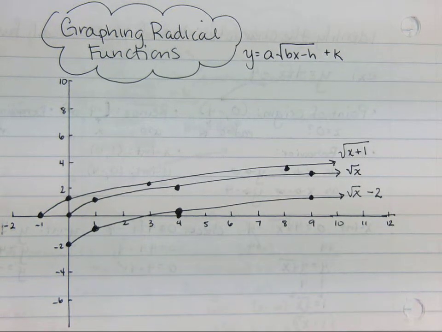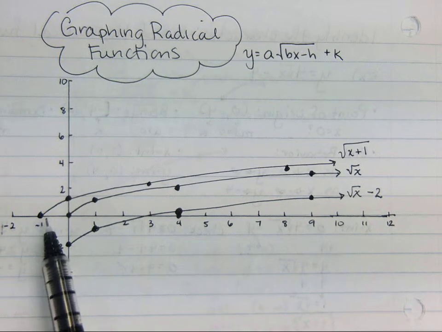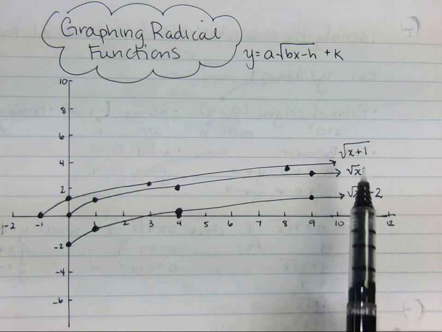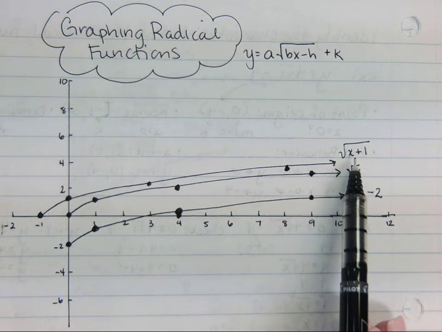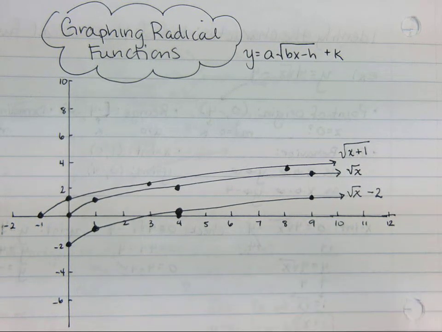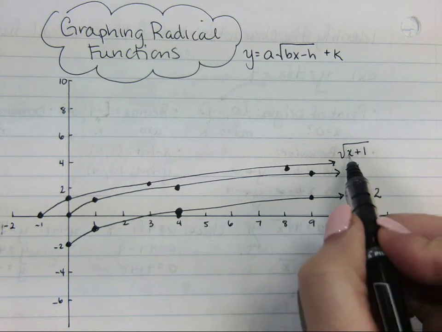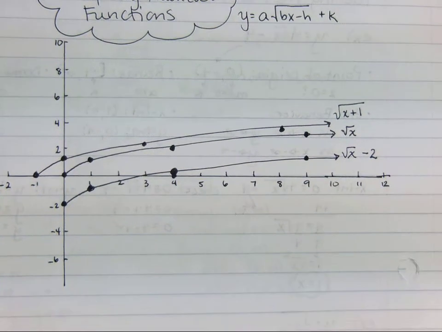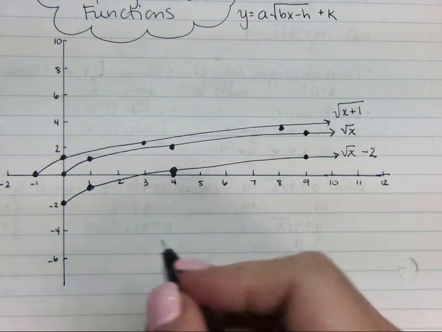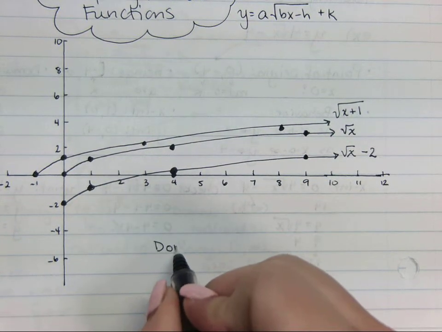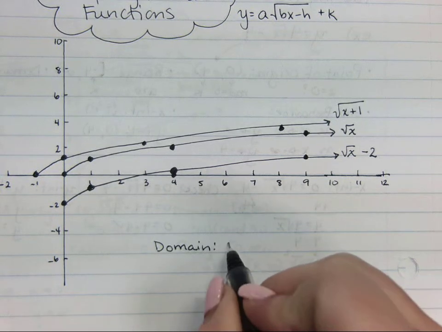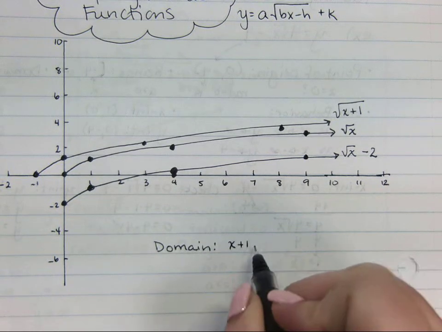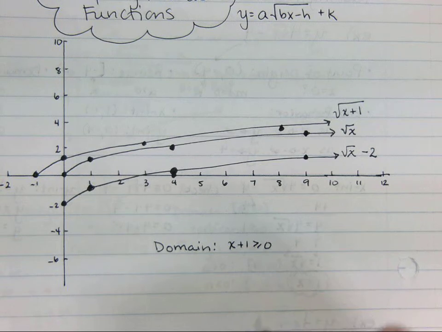And so you need to remember that when we're manipulating what's happening with the x, it's always the opposite. So for example, if I were given this function right here, the square root of x plus 1, and I want to say what is my domain of that function, I would take the x plus 1 and set that to be greater than or equal to 0.